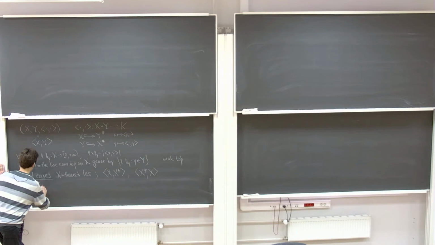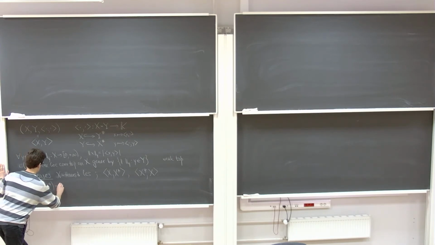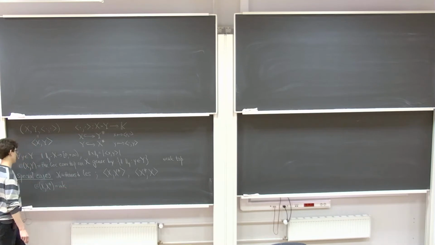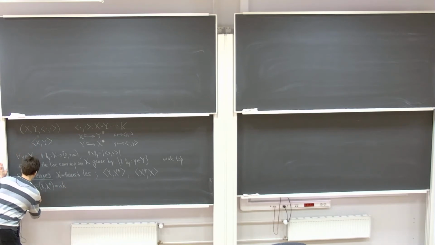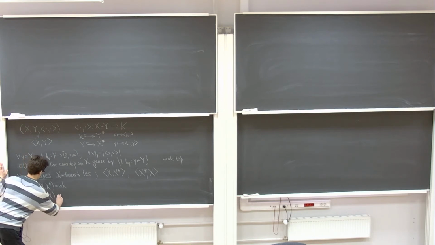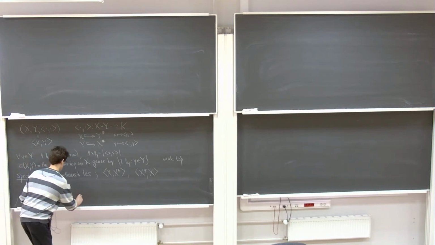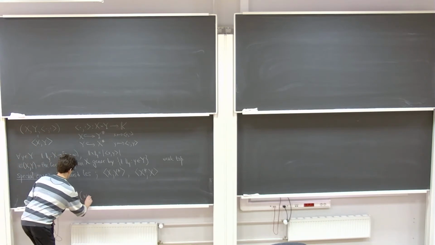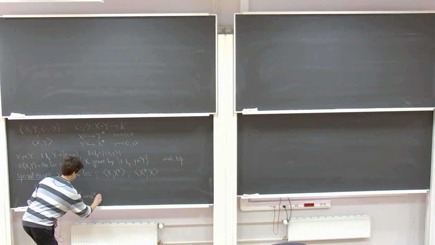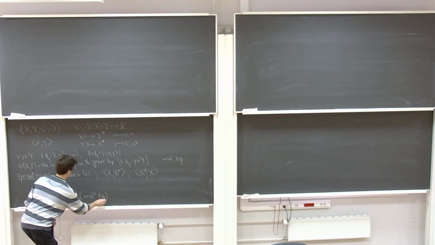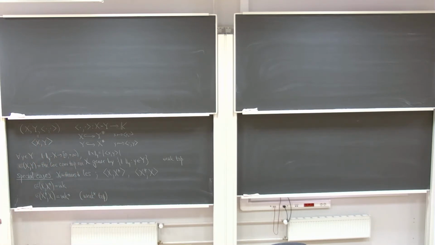So the weak topology on X determined by X star is denoted like this, and it's called the weak topology. And the weak topology on X star determined by X is denoted like this, and it's called the weak star topology on X star.